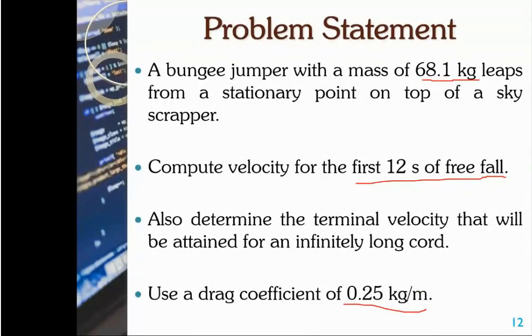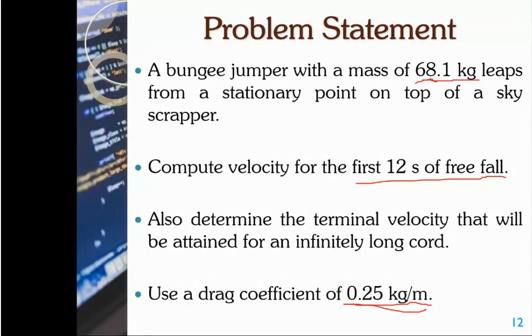So suppose that a student from this class who will be the jumper, weighing a mass of 68.1 kilograms, leaps from this stationary point, that is the structure which we built, and we are to calculate the velocity of this student or of this jumper for the first 12 seconds of the free fall, and we are to use a drag coefficient of 0.25 kilogram per meter.